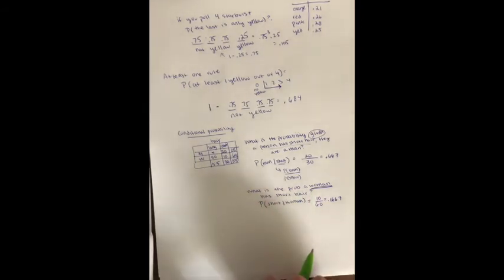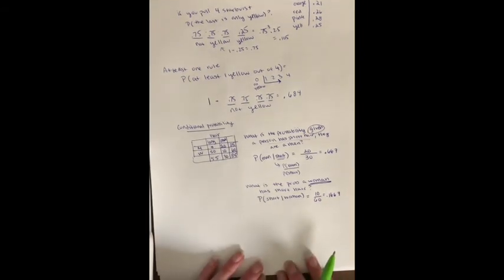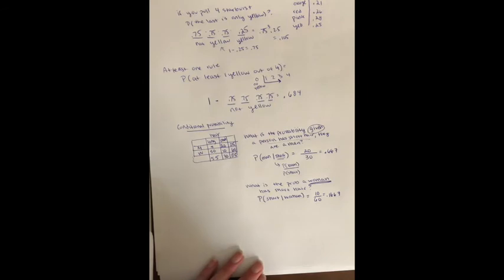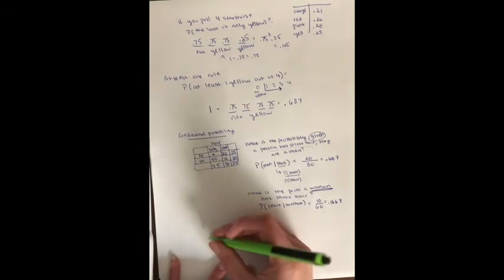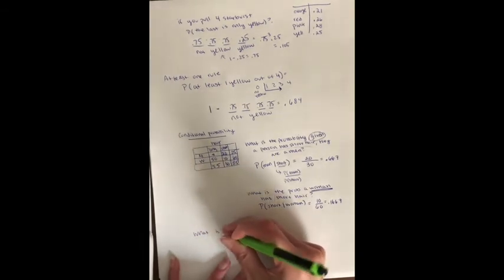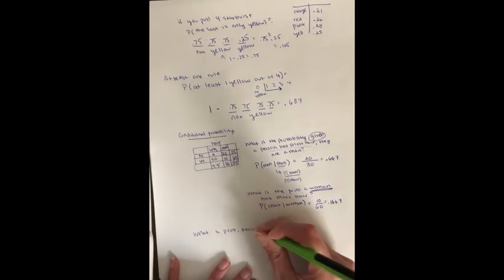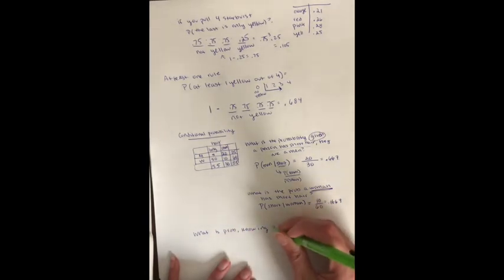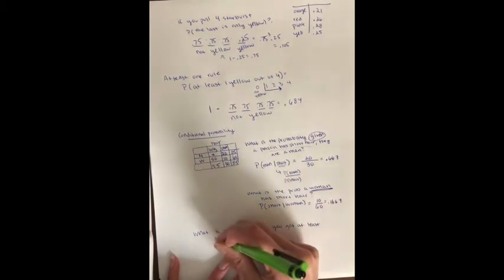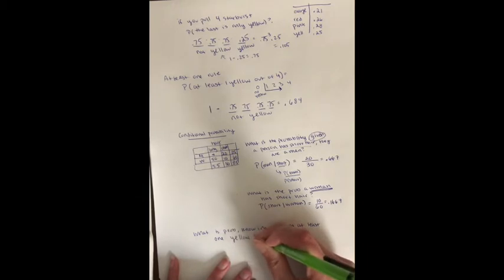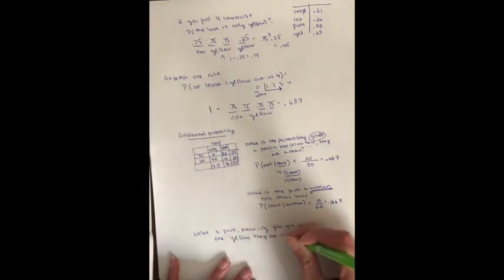All right, so this is conditional probability, and you can see it not just in a table format, you can see it with anything really. Let's say we were looking at the Starburst, and we're like, what is the probability, knowing you got at least one yellow lemon, they are actually all yellow? So we know we had at least one that was yellow. What's the probability it was actually all of them being yellow?